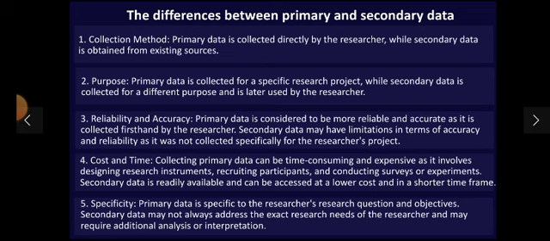When we look at their reliability and accuracy, primary data is considered to be more reliable and accurate as it is collected firsthand by the researcher. The secondary data might have limitations in terms of accuracy and reliability, as it was not collected specifically for the research project.